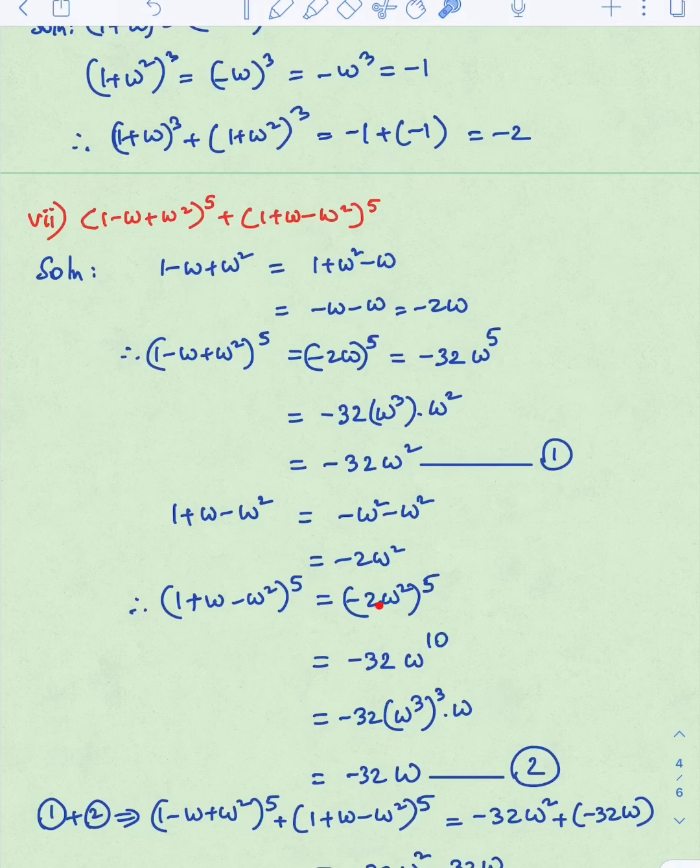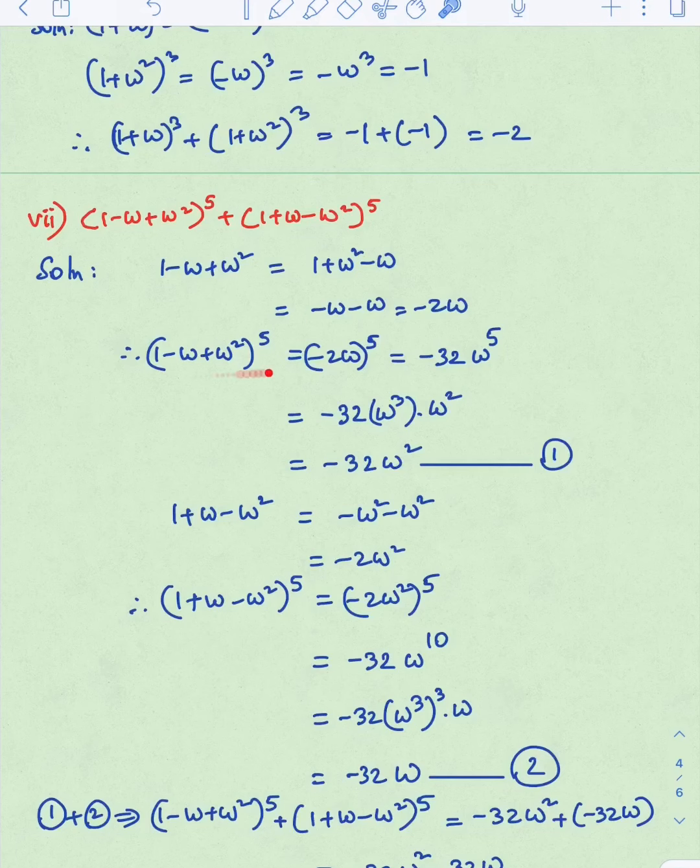You get this step. Minus 5 times means you get minus only. 2 power 5 is 32. Omega power 10. 2 5s are 10. So minus 32 same. Here how many 3s are there? 3 3s are 9. So omega cubes are 3 here and 1 omega is left over. Total 10. So this will become 1. 1 cube is 1. Minus 32 omega. So this is second part.